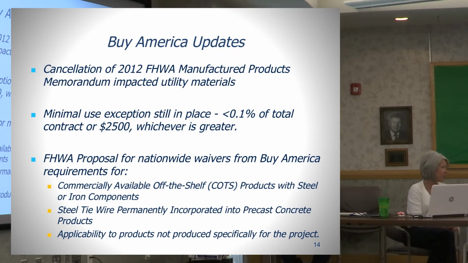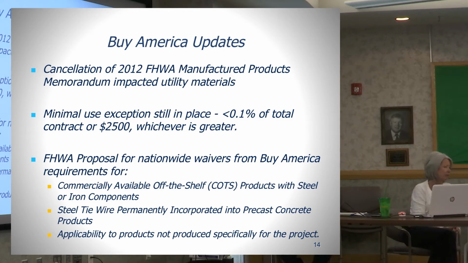You know, the administrative burden for minor iron and steel materials didn't meet the larger purpose of the Buy America specs. There's also a permanent waiver that's been requested for proprietary steel tie wire for one process, and some relief from applicability of products that are not produced specifically for projects.